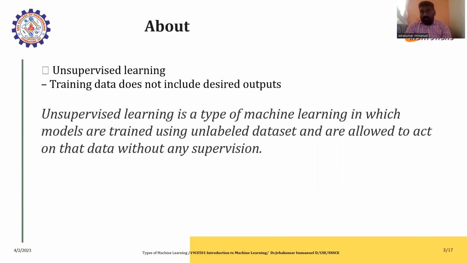In supervised learning, there is a labeled data set, and the labels guide the model, which is why it is named supervised learning. But unsupervised learning works without any supervision.